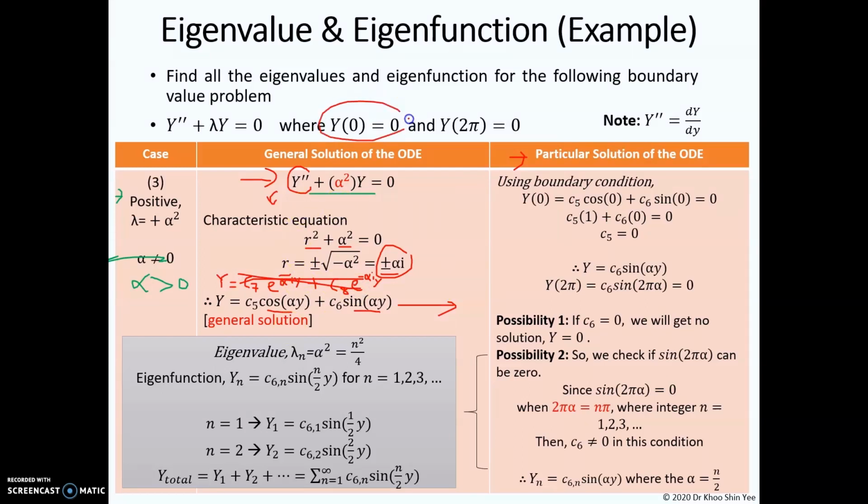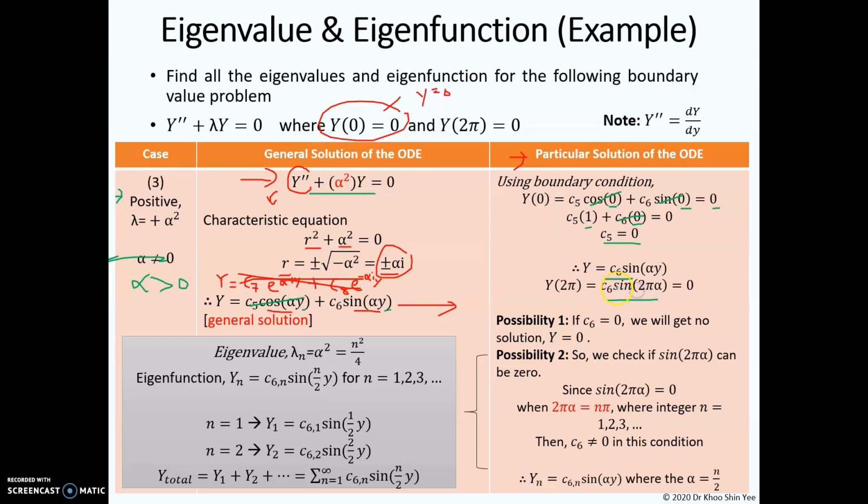Let's apply the first boundary condition. So your small letter y equal to 0. Substitute the y equal to 0 inside. You obtain this. Then your capital Y will be equal to 0. You know that cos 0 is 1, sin 0 is 0. Therefore, this term can be cancelled and you obtain the C5 equal to 0. Substitute the C5 inside here. Then you obtain the capital Y equal to the C6 sine term here.